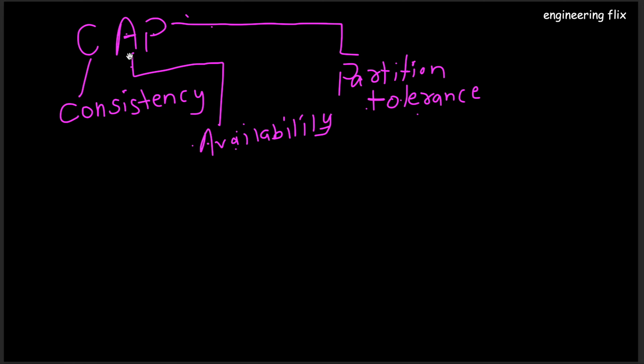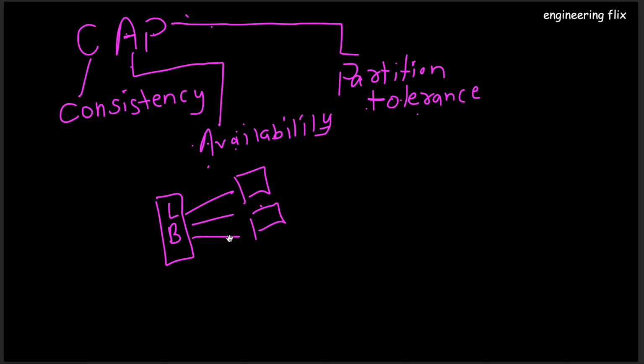out of these three. So we might have a certain distributed system which might consist of a load balancer. Then there might be multiple machines behind our load balancer. So let's say these are the machines that we have behind the load balancer.